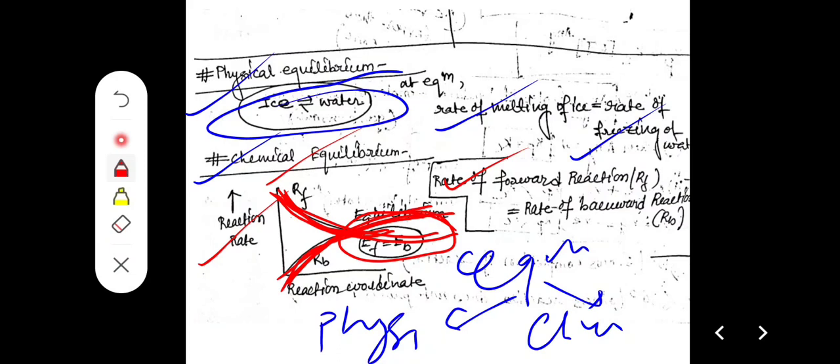So first, due to the decrease in reactant concentration, the forward reaction rate decreases. After that, when enough product has formed, the rate of the backward reaction increases. But at some time, both reaction rates will be the same.